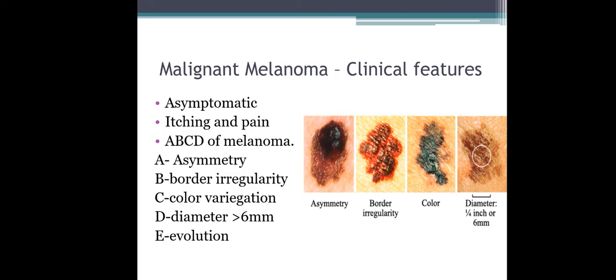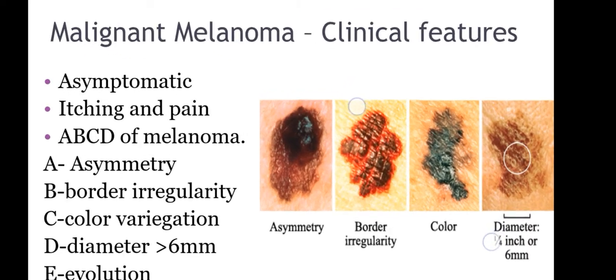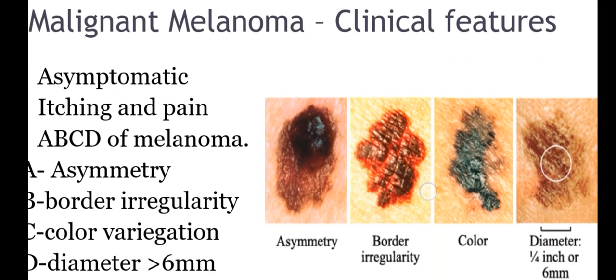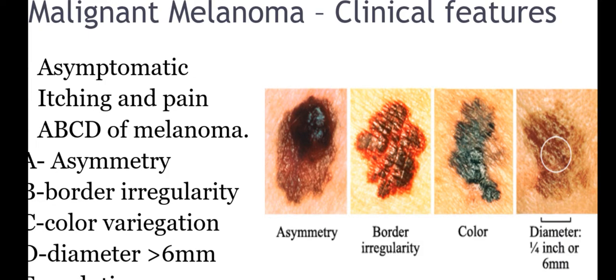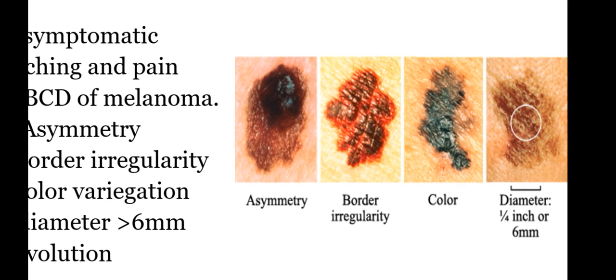Now B for border irregularity. Border is highly irregular. It is not round or oval. Now the color. What about the color? You can see different shades of color in a single lesion: dark blackish area, pale black areas, reddish areas, like that. Now D for diameter.